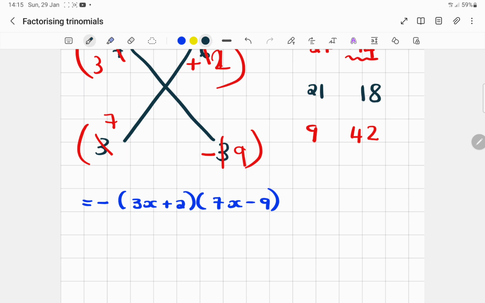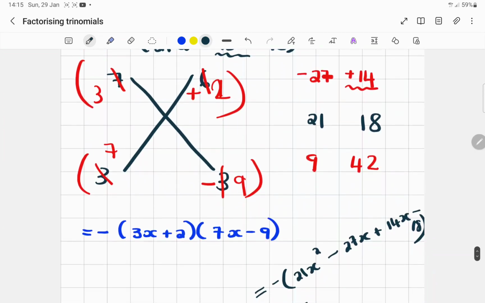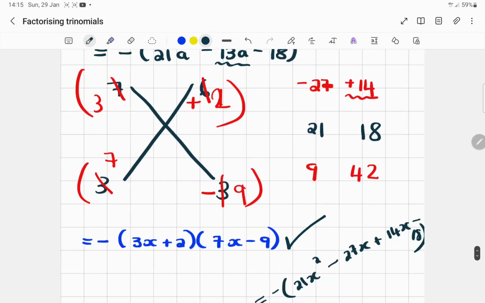Do it sideways, somewhere different. So I'm just going to do it like this. Negative 3x times 7 is 21x squared minus 3 times 9 is 27x plus 14x minus 18. And that gives you simplified minus 27 plus 14 and negative 13 minus 18. Okay, so it is correct.